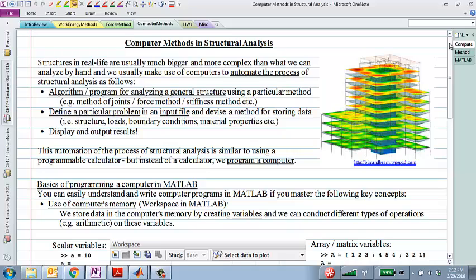So let me ask you this first. How many of you have not had any experience with some computer programming? Very few. And in particular on Matlab. Okay, but I assume most of you have some sort of a programmable calculator? No?